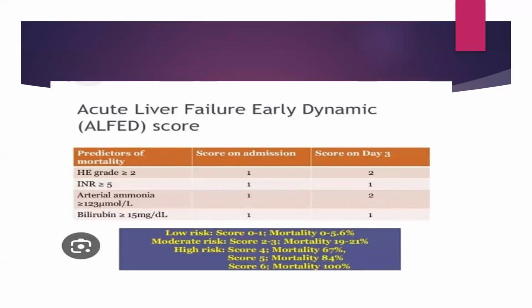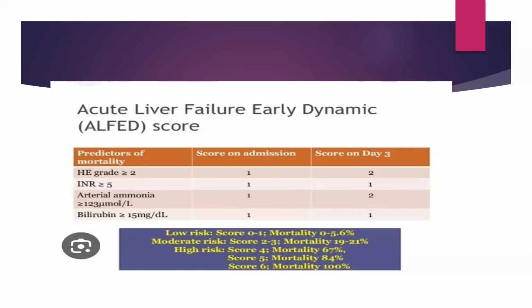Then the next score is the Acute Liver Failure Early Dynamic score, that is the ALFED score. In that, the components are hepatic encephalopathy grade more than or equal to 2, INR more than or equal to 5, arterial ammonia more than or equal to 123, bilirubin more than or equal to 40. Then we have to assess the score on admission and score on day 3.